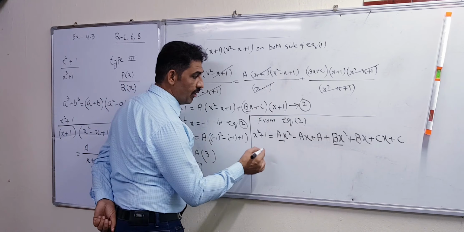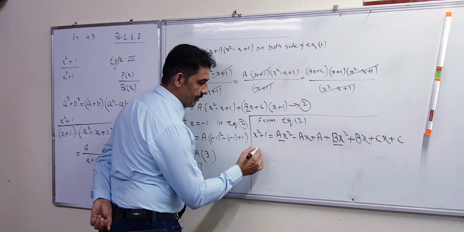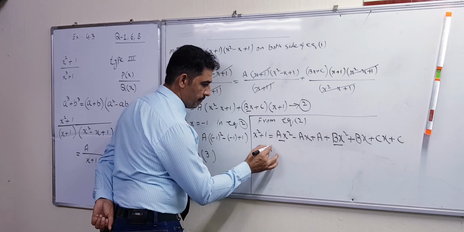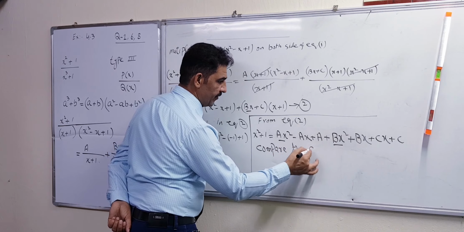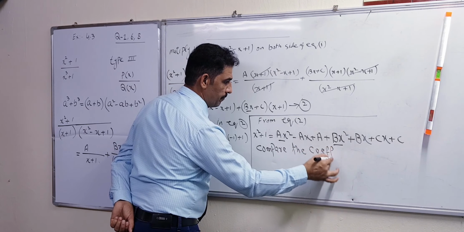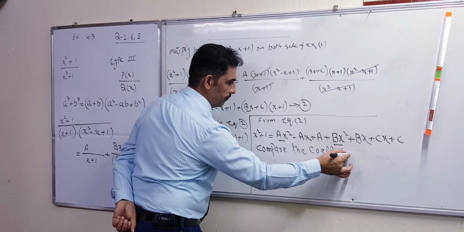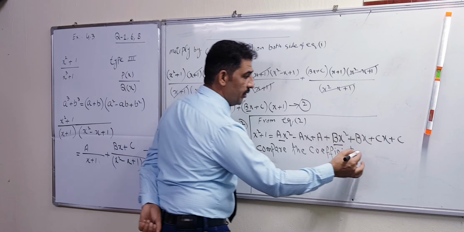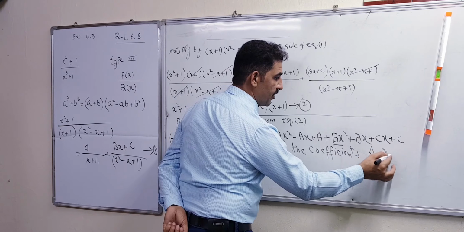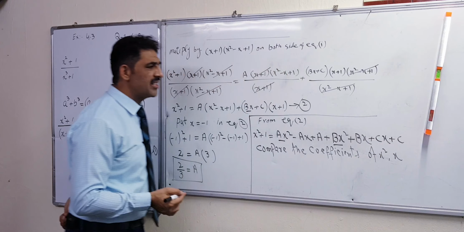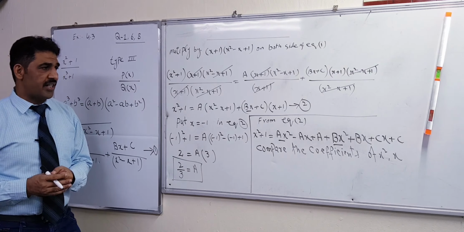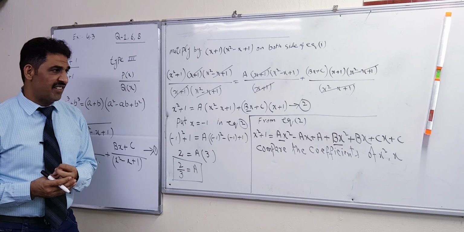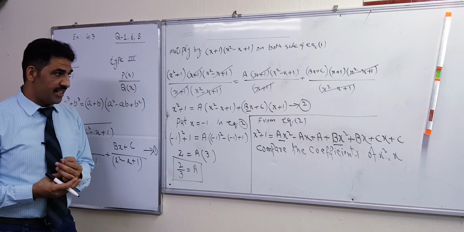So compare the coefficients of x square and x. Because two variables are unknown, that's why we only compare the coefficients of x square and x, and we will get the values of b and c.